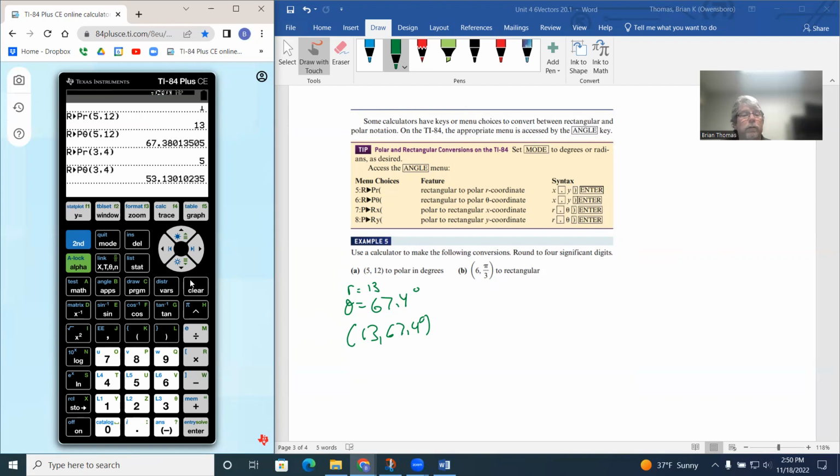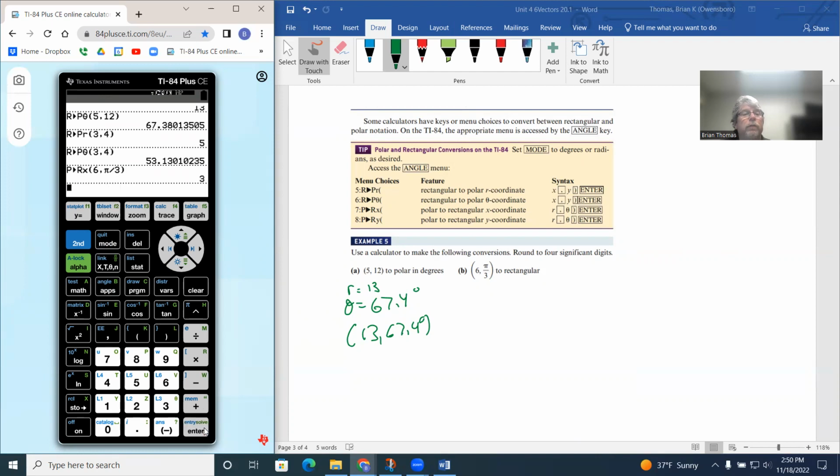Then if we go in here and do second angle number 7, this will give us our x value. So hit enter. And if we put the 6 comma pi over 3, that little pi symbol does come in handy.